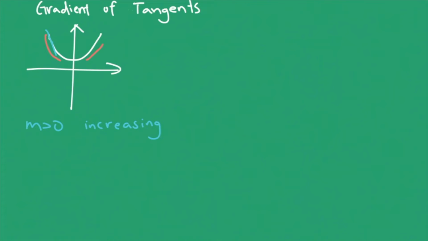But if the gradient in this part is negative, then the curve is decreasing. Besides that, if at a point the gradient equals zero, which is a horizontal line, then the curve is stationary.